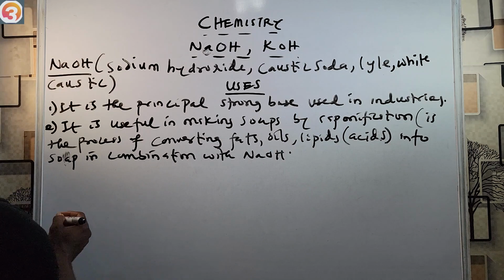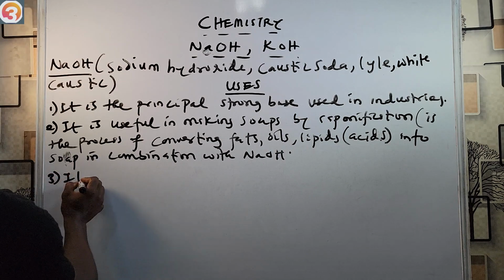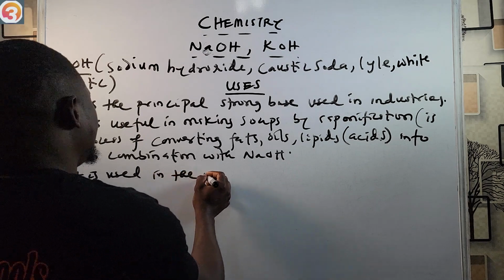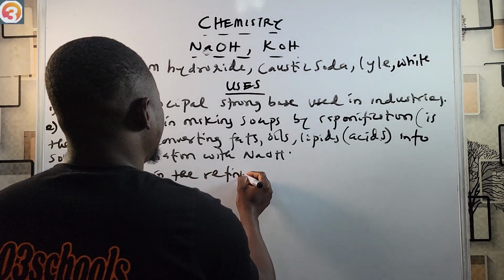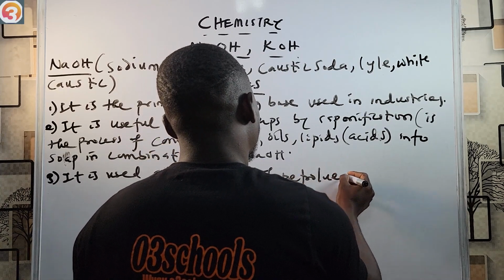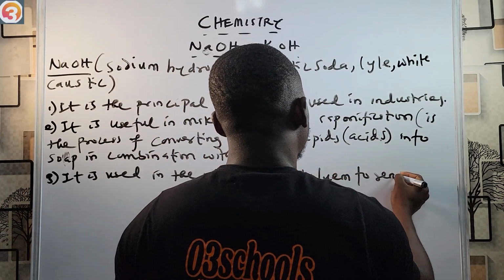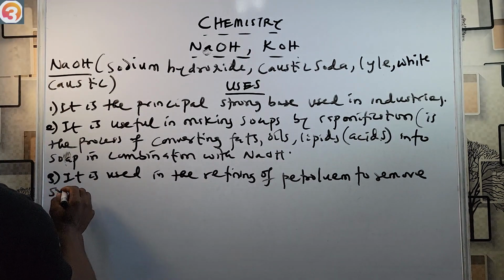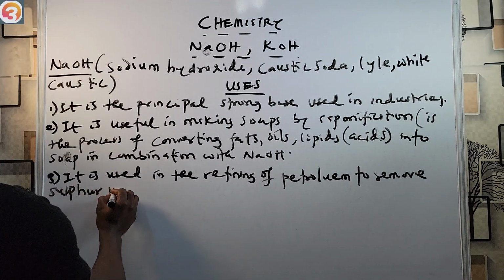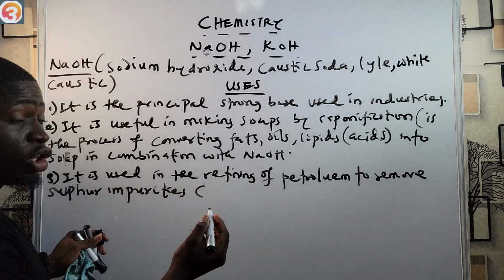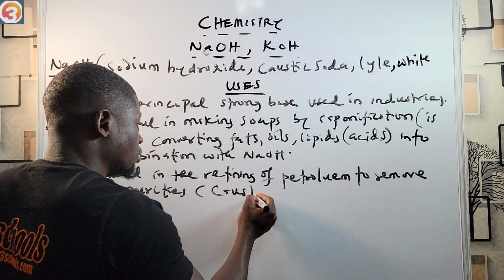And of course, number 3, it is used in the refining of petroleum to remove sulfur impurities in a process called caustic washing.